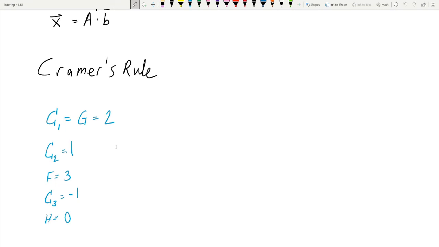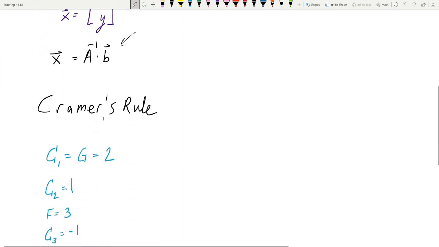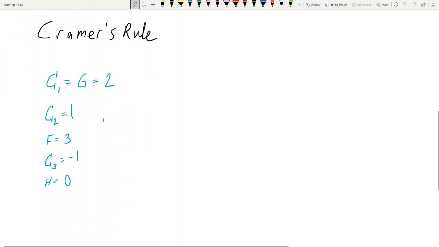Alright, so what does that give us if we look at our form from above? Just picking these random numbers, that would give us the equation 2x plus y is equal to -1, and it would also give us the equation 3x plus 2y is equal to 0.